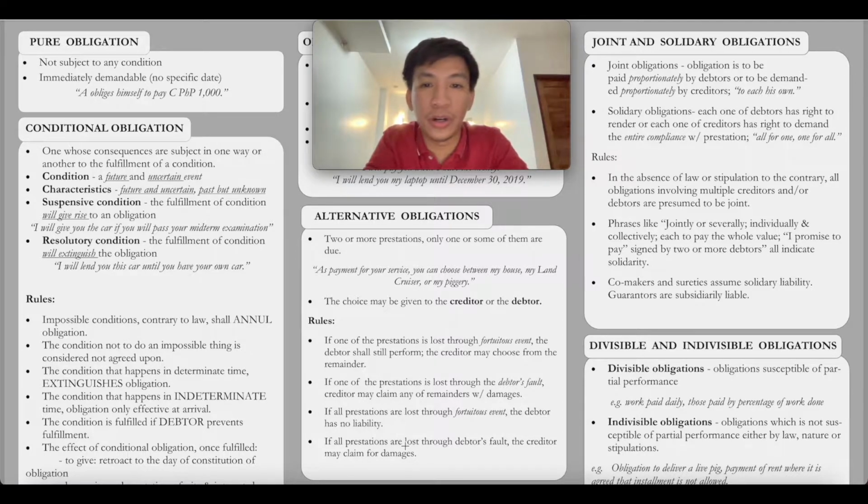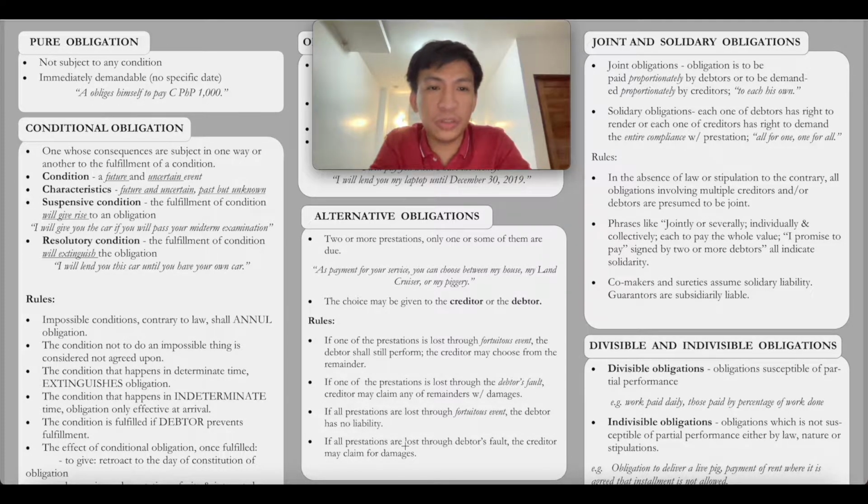Walang other conditions na naka-attach. So what does it mean? Since it's a pure obligation, it is immediately demandable. So you can demand it immediately. Okay?